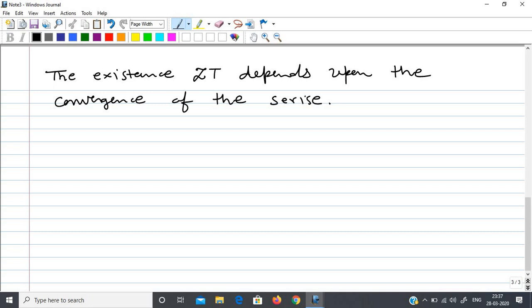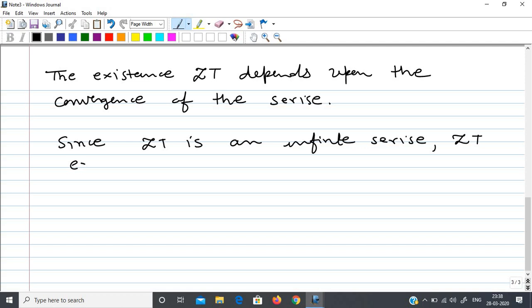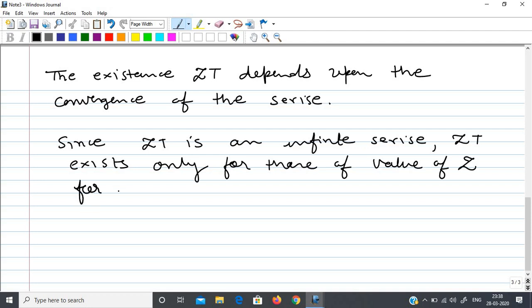What is important is that since the Z transform is an infinite series, the Z transform exists only for those values of z for which the series converges.